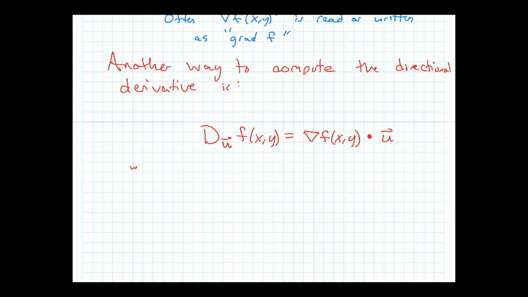Where u is a unit vector in the direction you want. So u is supposed to be specifying a direction. Now, why would you use this formula here? You would use this formula just because it's more convenient when theta is not given to you.